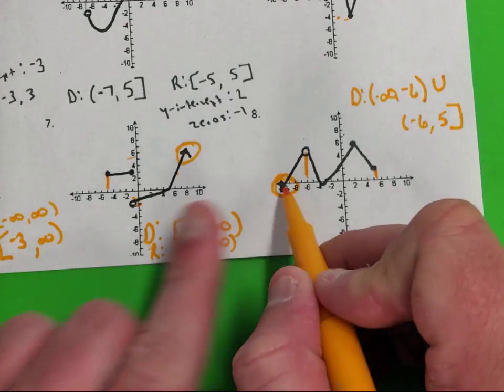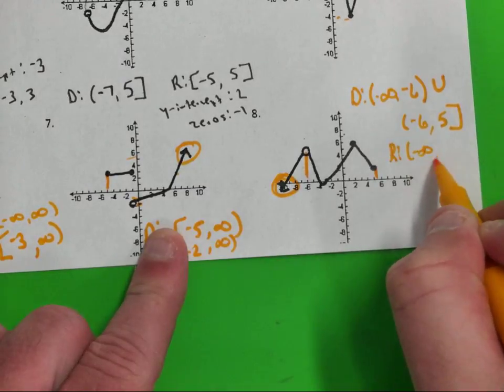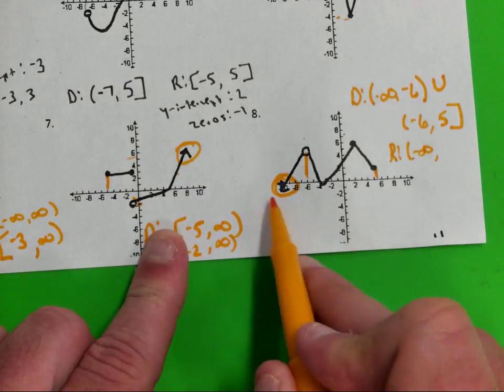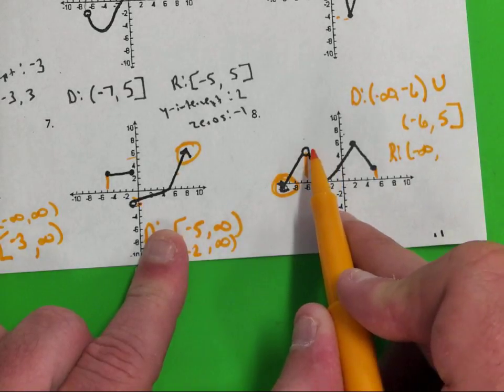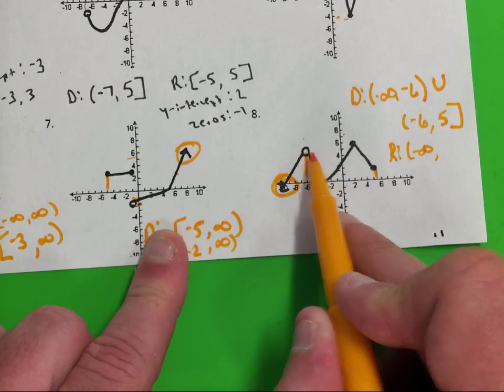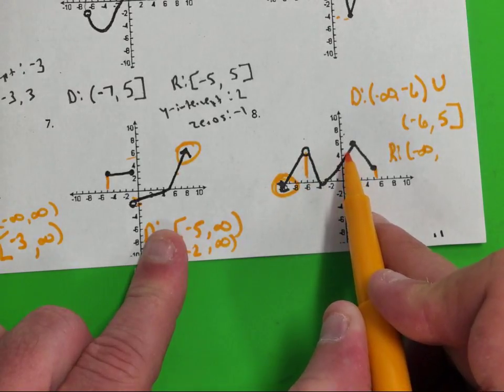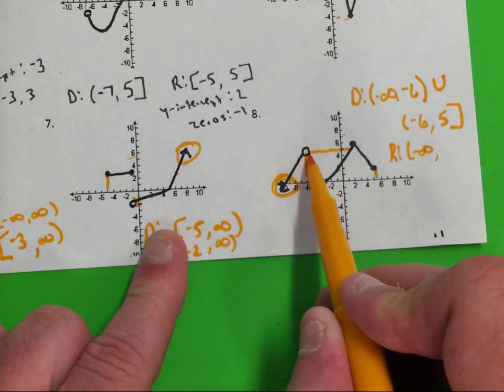Start from the bottom. That arrow means it keeps going, don't it? So my range would be from negative infinity. Now, my question to you is this. Do I have to stop here if it's a solid line over here? No, because the range is defined over here, it's just not there. So it cancels each other out.